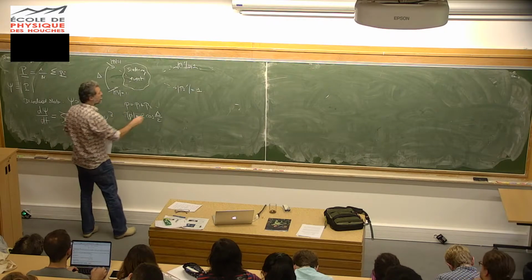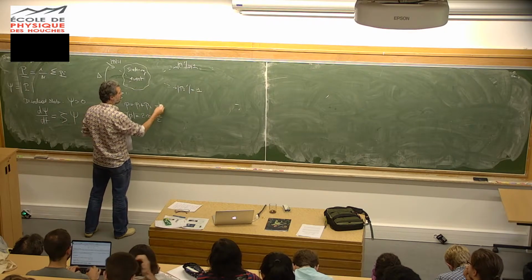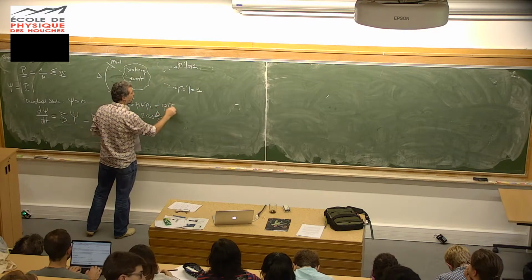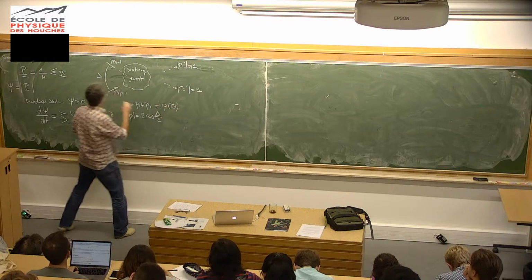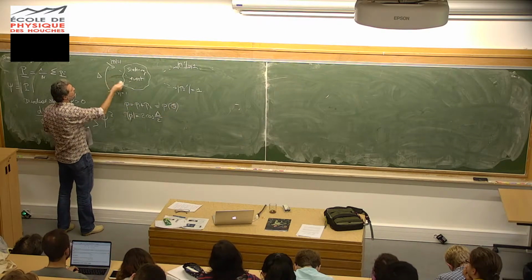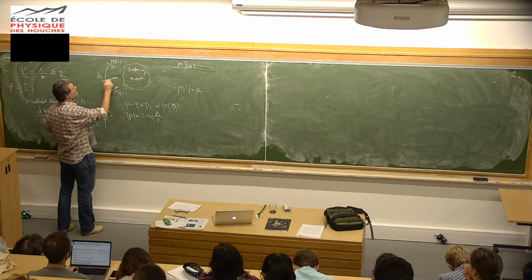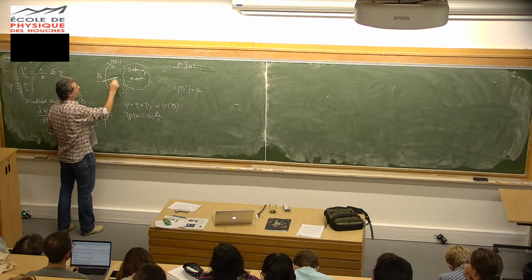And P has some orientation, which I will call theta bar. You see, this P here is not horizontal. It can come like this. It has some angle theta bar.